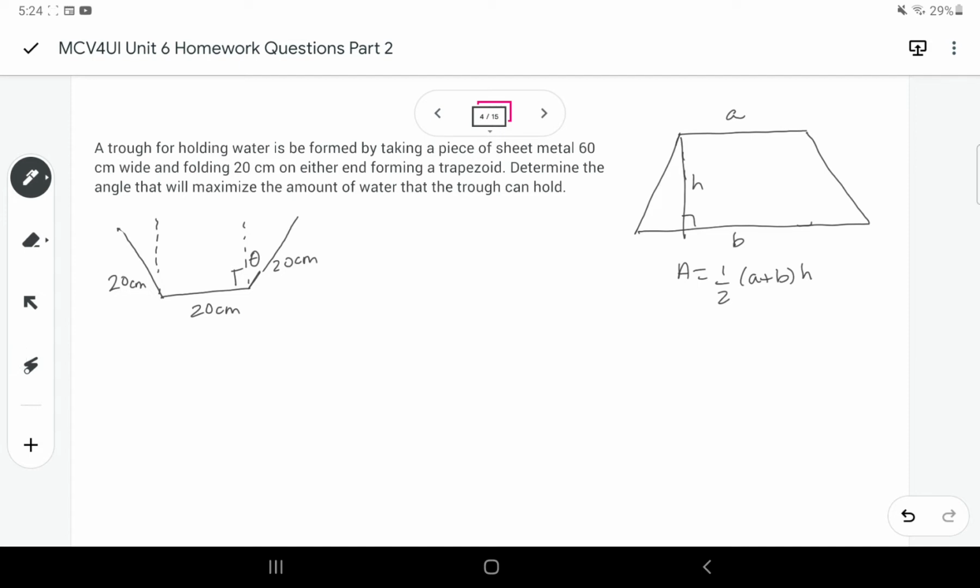So we want to maximize the area here that this can hold.